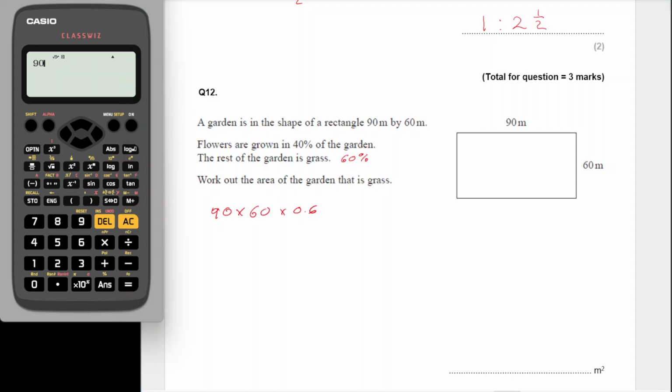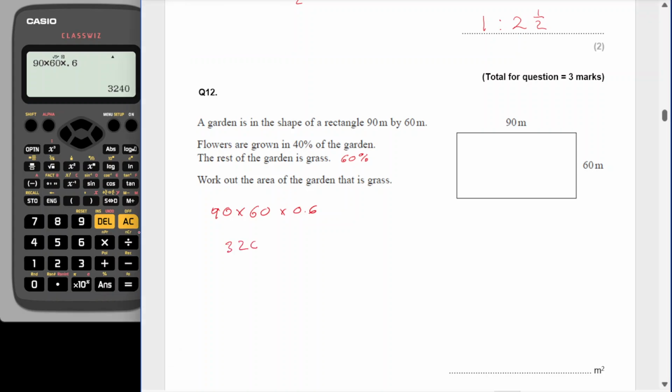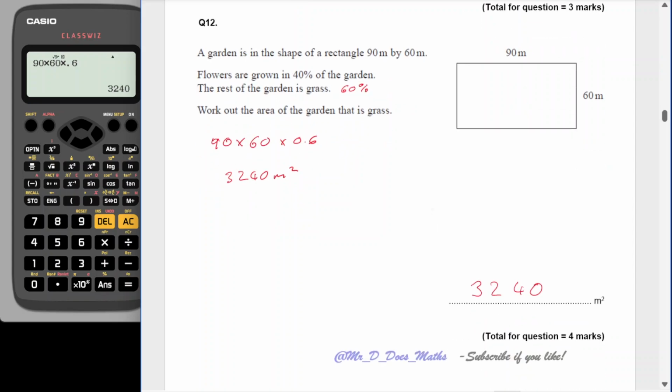So 90 times by 60 times by 0.6 gives me 3,240 meters squared. I've already got the units in the question.